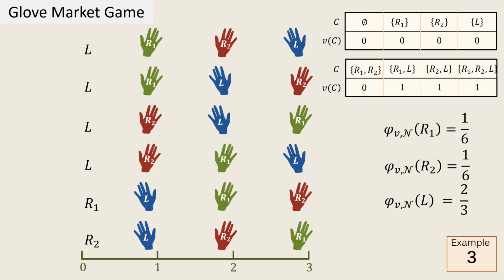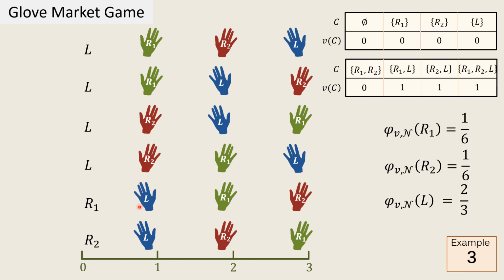Now let's compute the Shapley values of the gloves. Each row here is a permutation of the 3 gloves. Now, for R1, it's only in this row L, R1, and R2 where adding R1 to the previous coalition gives a value of 1.